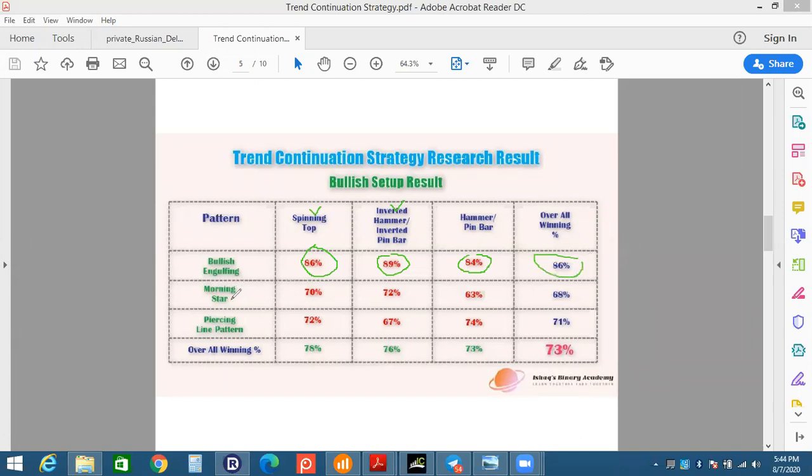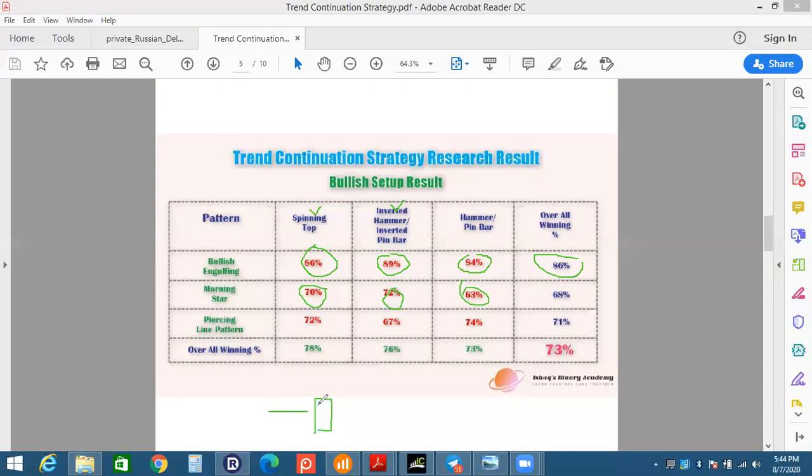And then the morning star. With each and every morning star concept, whether the green candle crosses the red one or not, we take all the setups, so the percentage is 70. If, as I teach you, the first red candle is crossed by the green one, then the setup percentage will increase to above 80.